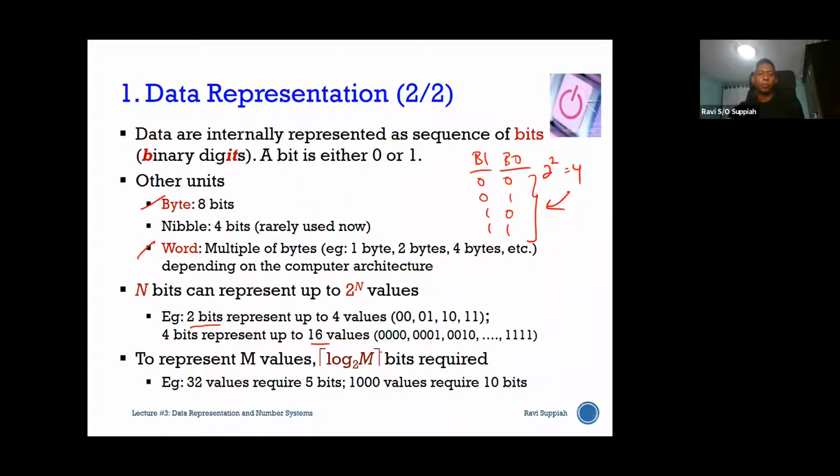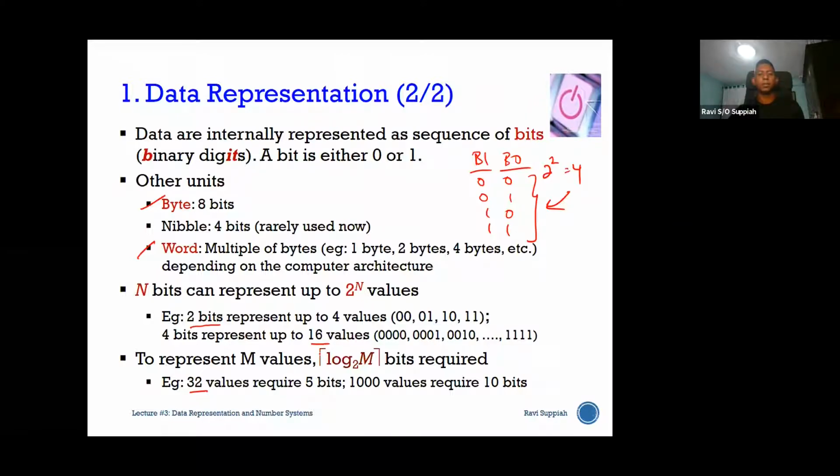In some cases I may have m values to represent in binary, and how many bits do I need? It would be log to the base 2 of m. So for example, if I have 32 different values, and I do log to the base 2 of 32, I will get 5 bits. Now if I have a number where you don't get a whole number, then you take the ceiling.